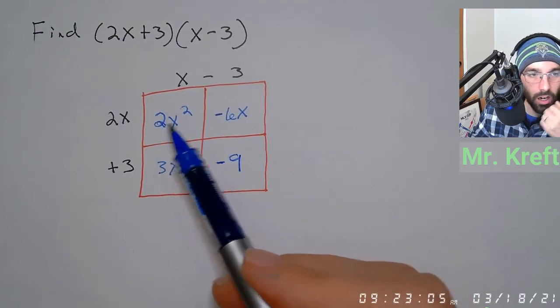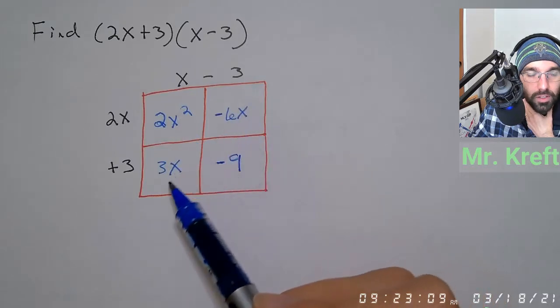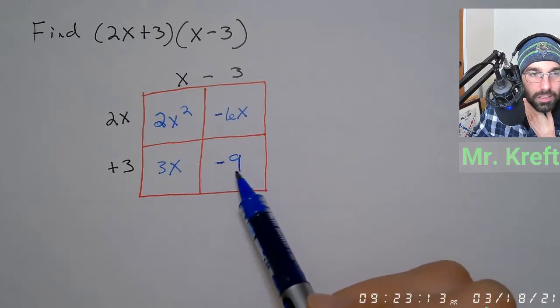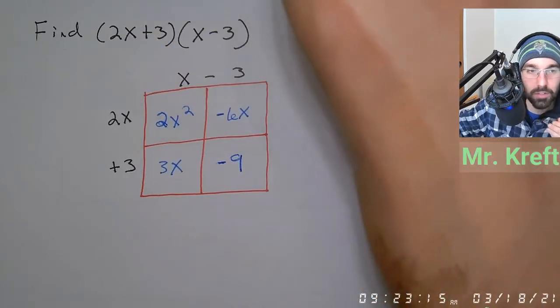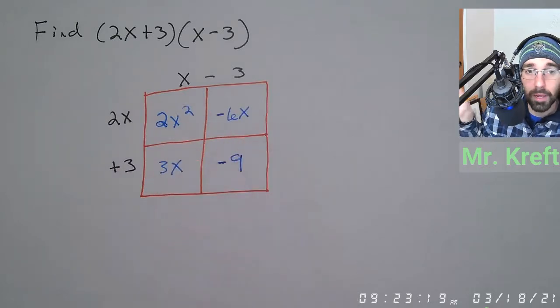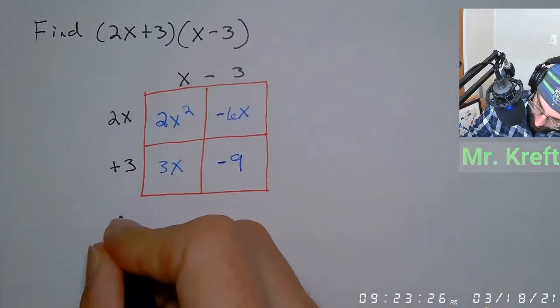If we write it like this, our squared term's always going to be in the upper left. Our x terms are always going to be along this diagonal. And then our whole number is always going to be down here. Okay? So even if you wrote the x minus 3 over here, you're going to get these same numbers. They might be in a different order, but they're going to be the same numbers. Okay? So then I'm going to add these together.